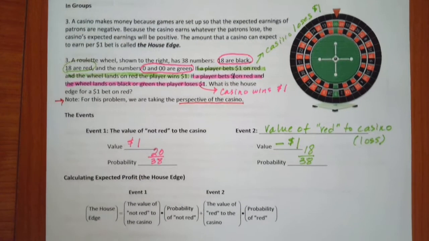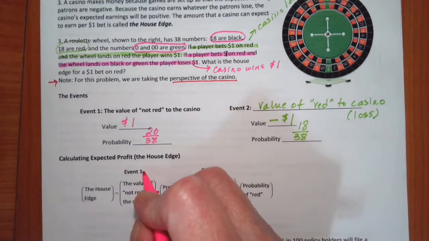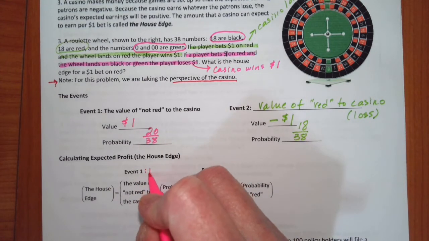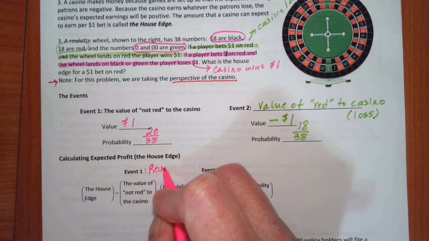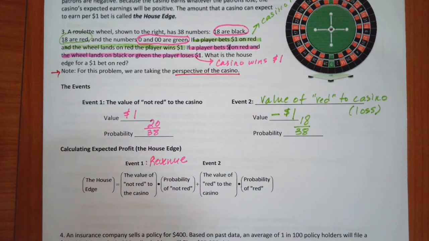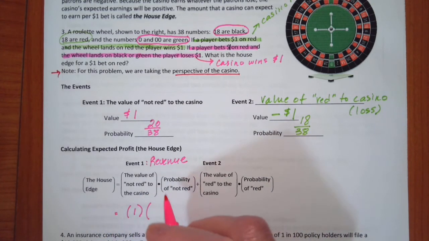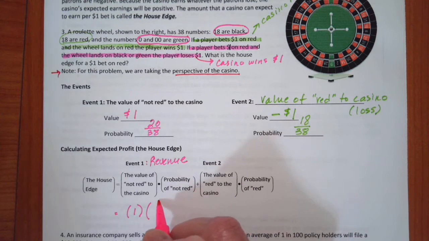So the house edge. Let's see what we can do with this. We're going to start out with event 1, which is the revenue. The value of that is $1, and the probability is 20 out of 38.